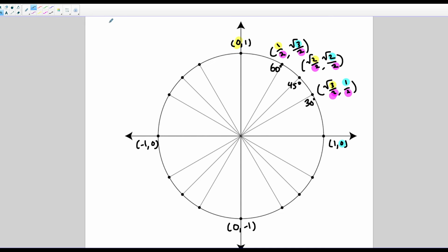Now, if you recall what we talked about in terms of our CAST rule, we started with CAST, just like so. This can help us label the rest of our unit circle as long as we understand how the CAST rule helps us out. Remember on the previous page, we said that our coordinate pairing or ordered pair was cos theta, sine theta. So how does this help us out?